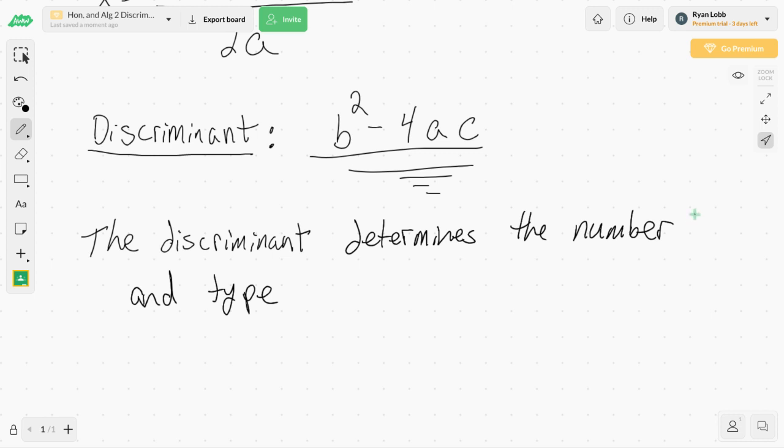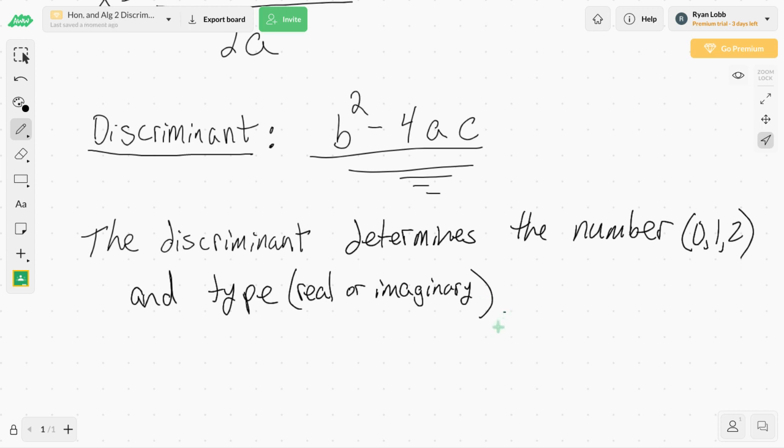The number, we can have no solution, zero solution, one solution, or two solutions. Not that the values are 0, 1, 2, but that the number of solutions you have is 0, 1, or 2, and type, you can have either real or imaginary. So the discriminant determines the number of solutions, and the type, whether they're real or imaginary.